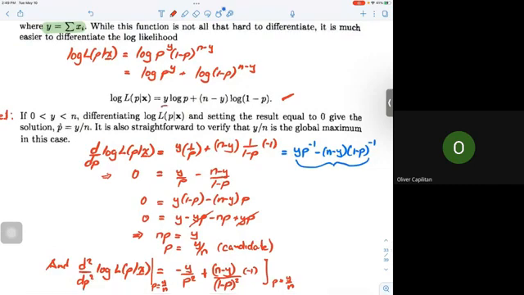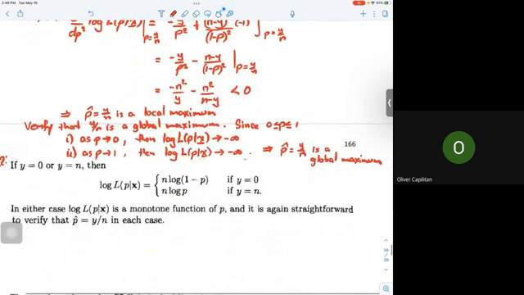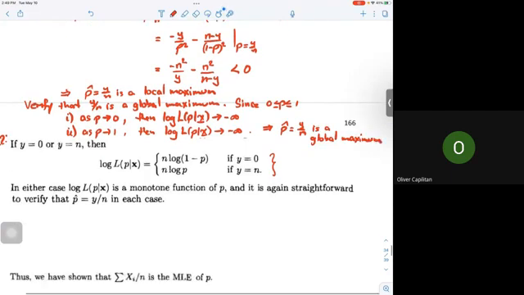If y is equal to 0, itong maiiwan, n times log 1 minus p. If y is equal to n, this would be 0. So n log of p. Okay, so from that, we are able to obtain this piecewise function.